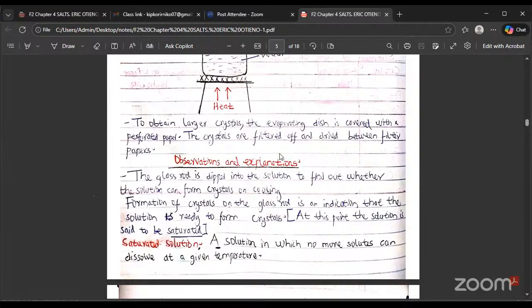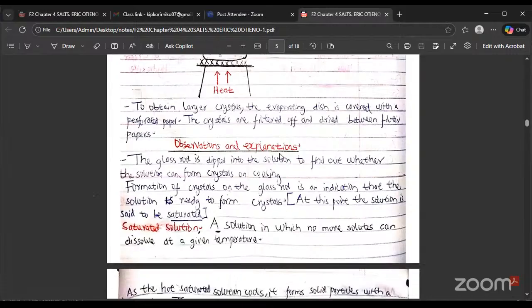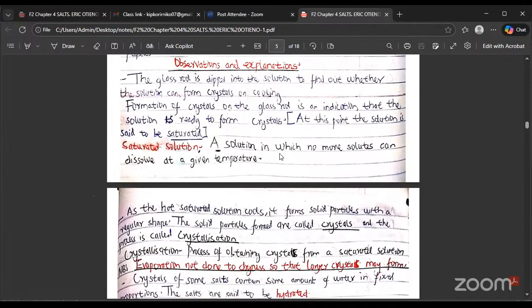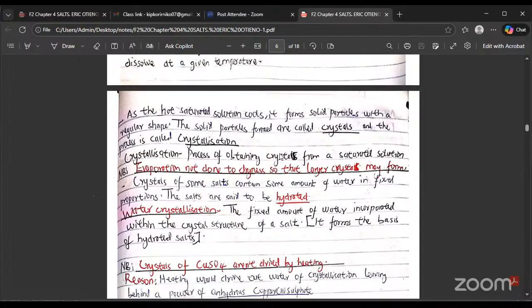A solution which cannot take any more solid, because solid is the solute, solvent is the liquid. And when the solvent and the solid are combined, it forms a solution. So when it cannot dissolve any more, we say that one is saturated. I hope you have understood the meaning of saturation.